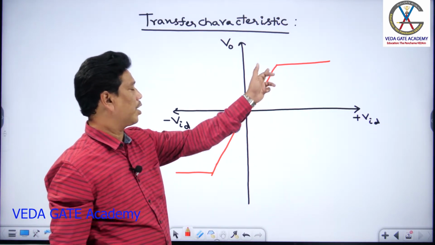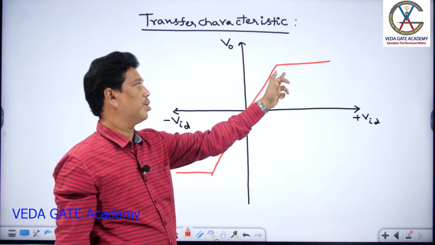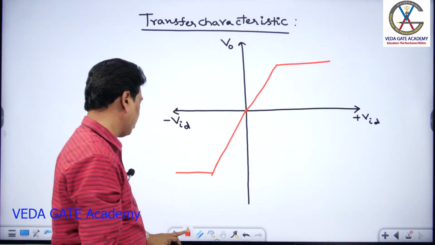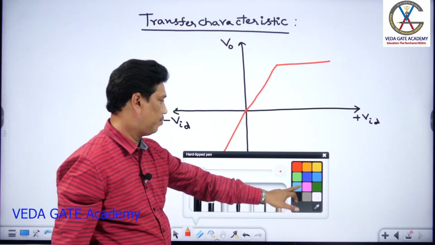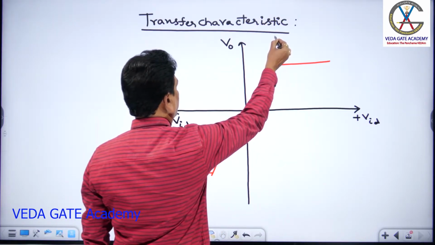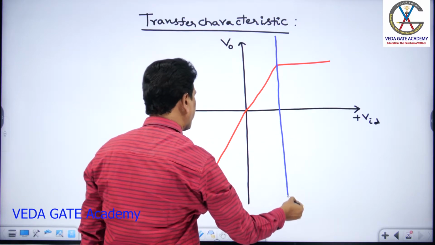It has a linear portion for VID in a certain area, and in the remaining region, the output does not respond even when the input voltage changes. So what is the indication of that? This is the place where the output varies linearly with the differential voltage.